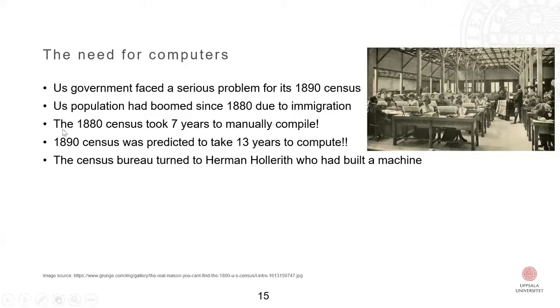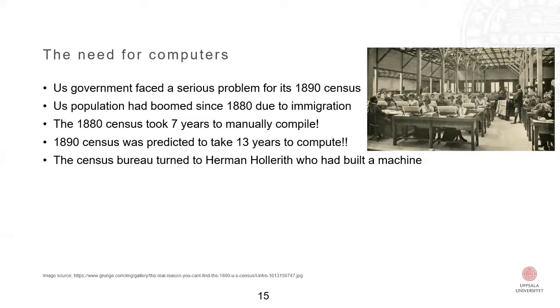They had seen that already in 1880, their census took 7 years to manually compile, meaning that after they had collected all the information from the people in their country, just to summarize all that information and extract data from that took 7 years because it was done manually. So for the year 1890, they had a real problem.